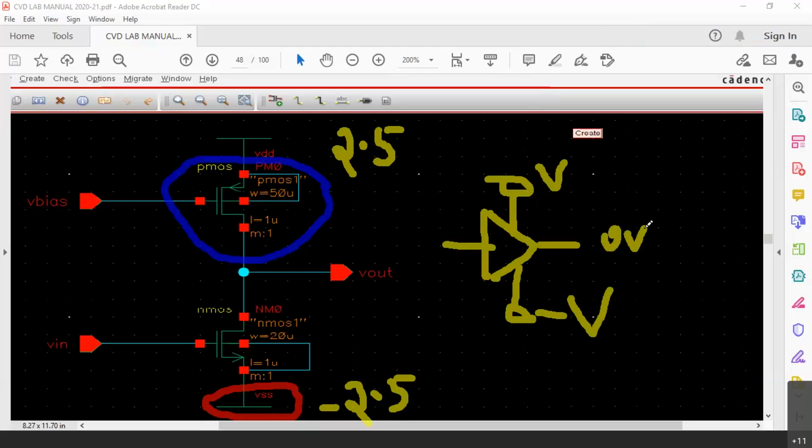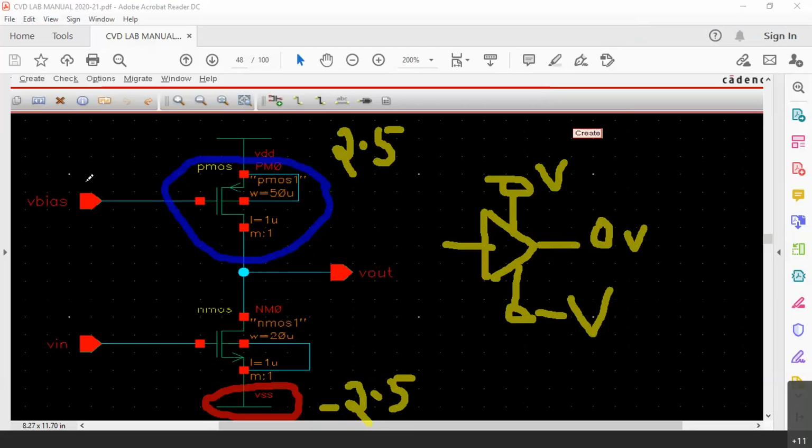If the output is maintained at 0 volts, when input is not supplied, output will be at 0 volts. When you have a plus V and minus V, by default it is at 0 volts. So the biasing portion of the amplifier can be absent in this case. That is the advantage of having dual supply.